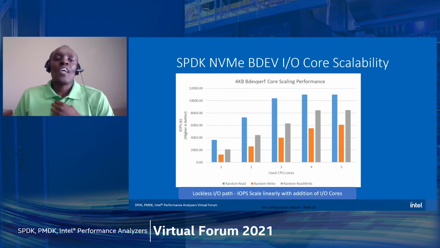If we look at the first workload, the 4K random read, as we increase the number of IO cores available for the benchmark from 1 to 3, we see linear scaling. And then we see a peak of about 10.9 million IOPS at 4 cores.